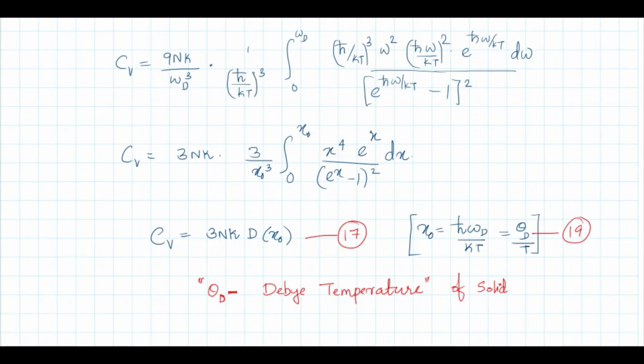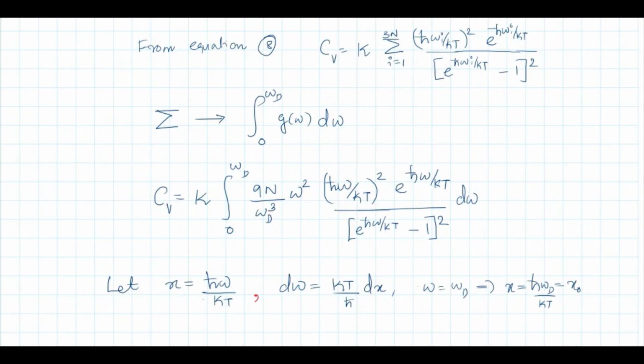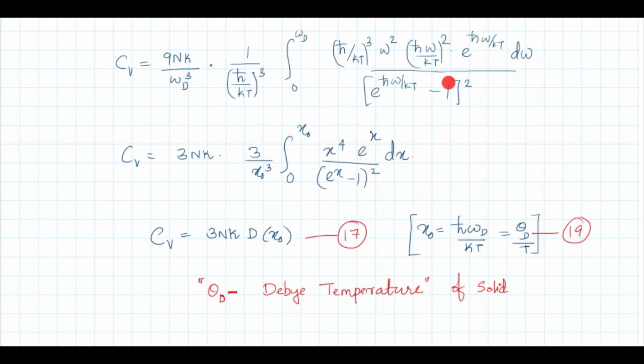So there is 1 by (h cut by kT) whole cubed, and you will have in the numerator an (h cut by kT) whole cubed, and all other quantities are here: omega square, (h cut omega by kT) whole square, e raised to h cut omega by kT divided by (e raised to h cut omega by kT minus 1) the whole square, d omega.